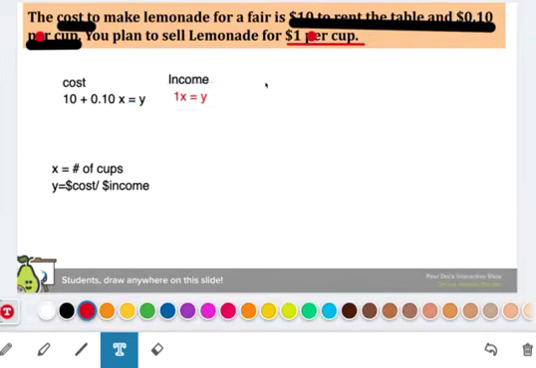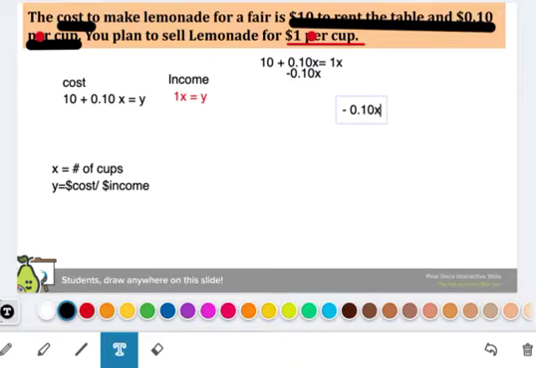We call that substitution. So you're going to do 10 plus 0.10x equals that 1x. And then to solve this, you have to subtract 0.10x from both sides.